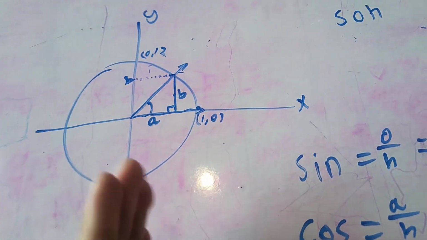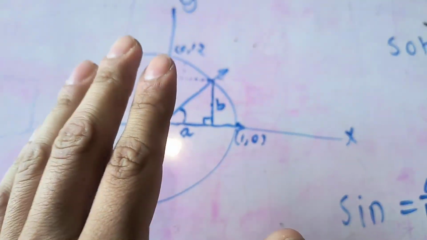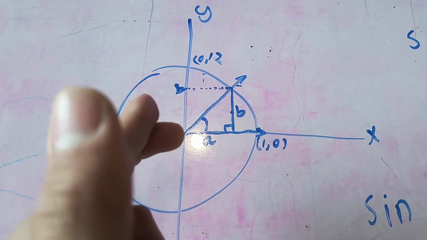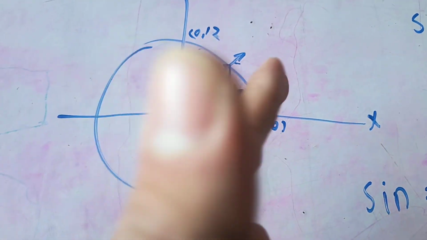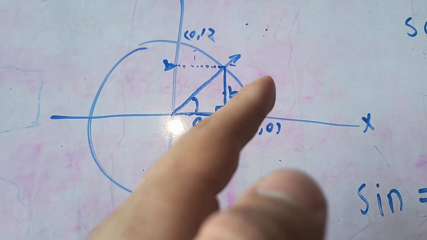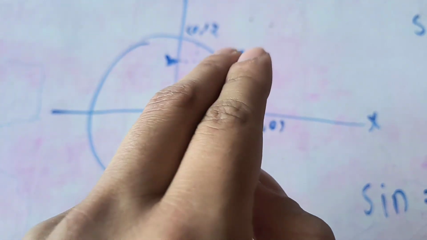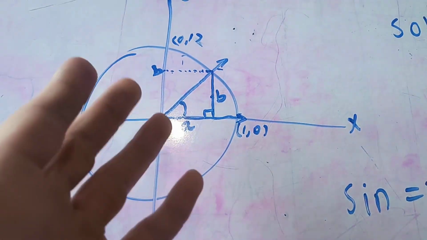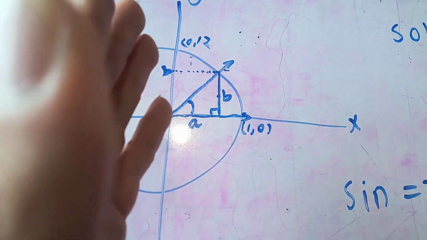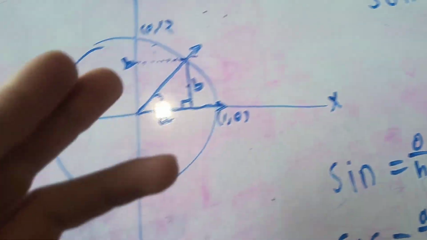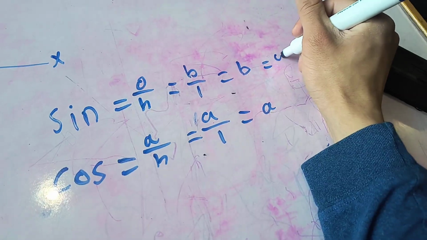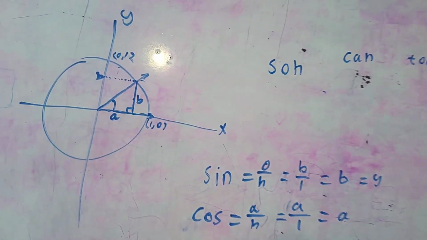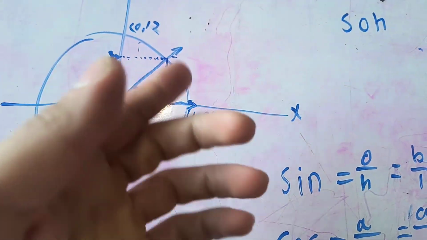If we do everything based on this unit circle, sine will always equal y, the y point at which the hypotenuse intersects the unit circle. If it intersected the unit circle at another point, sine would be equal to that y point. And cosine will be equal to x, the point at which the hypotenuse intersects the unit circle.